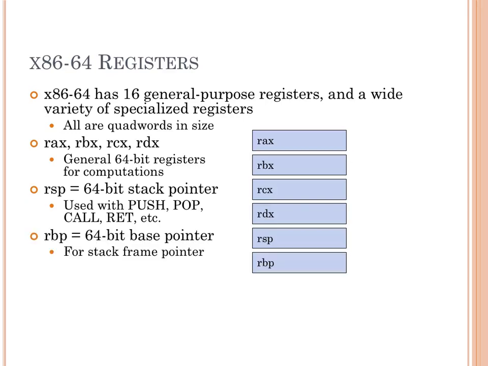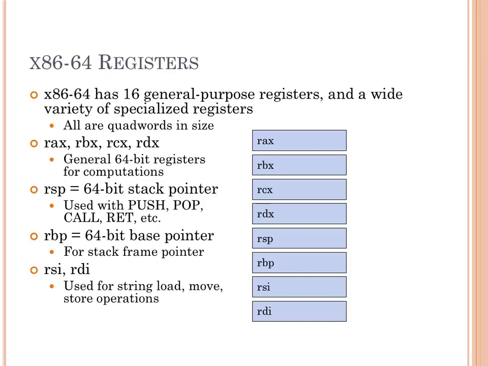You have RBP for the frame pointer, aka the base pointer. RSI and RDI are for string operations, which, again, this is a CISC processor, so if you want to do a string comparison, the processor has support for that built in, which is crazy. And it doesn't support Unicode, so don't use it.